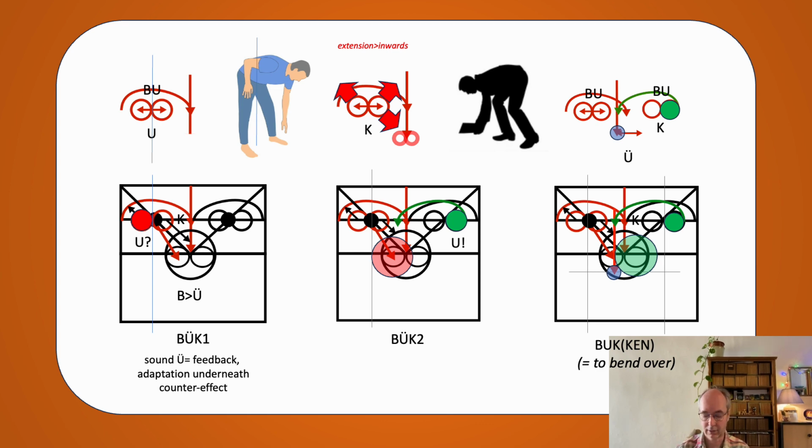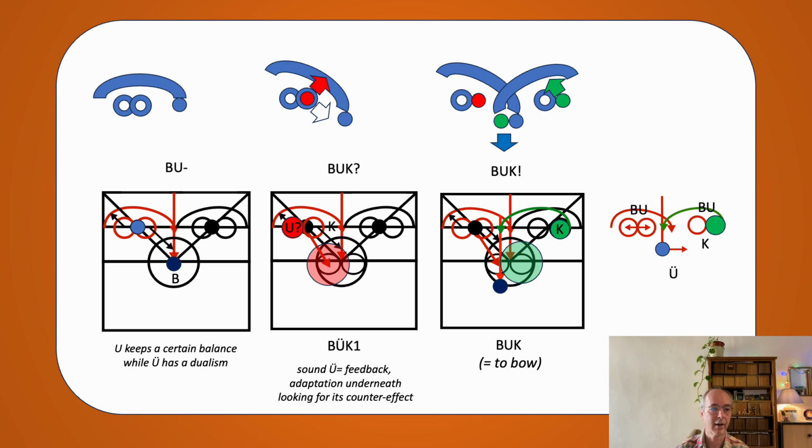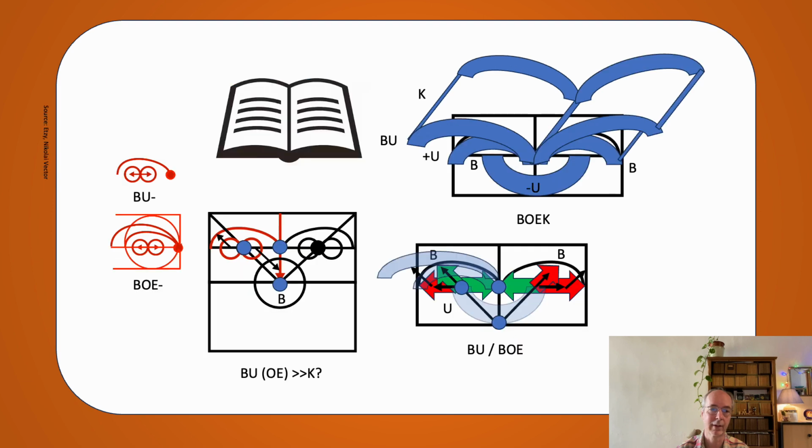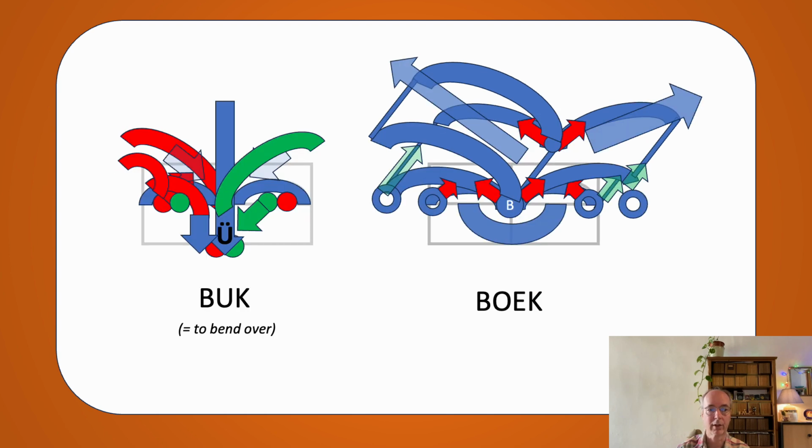And as you can see, here I have it again. With the BU it's imbalance, with the BUK it will break, and it will find its counterbalance and will bend over. BOEK, as you can see, the balance is there, the B is extending, the U will enlarge it, and it's like the book which is opening up and can extend itself with the extras there, while BUK has to go inwardly.